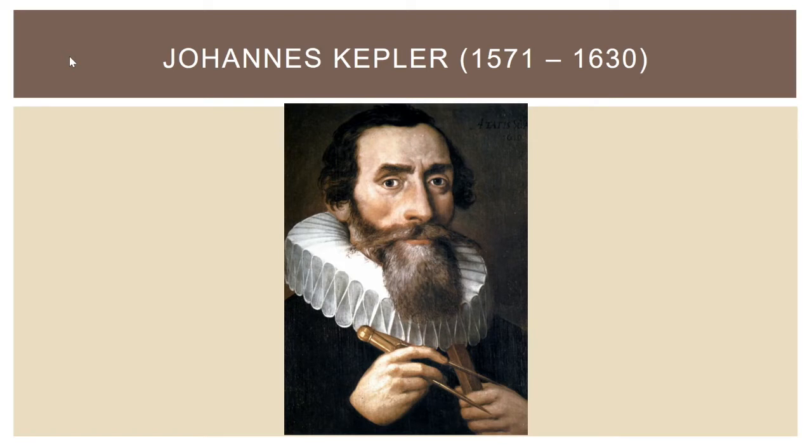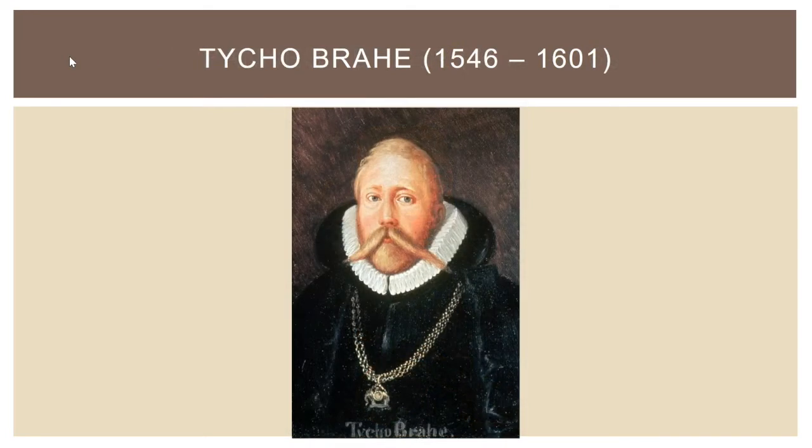Now, Kepler, around the late 1500s, early 1600s, started to get some ideas of his own about how planets moved. And he really wanted to test his ideas out by looking at the motion of Mars, which Brahe was really closely tracking by 1600, 1601.